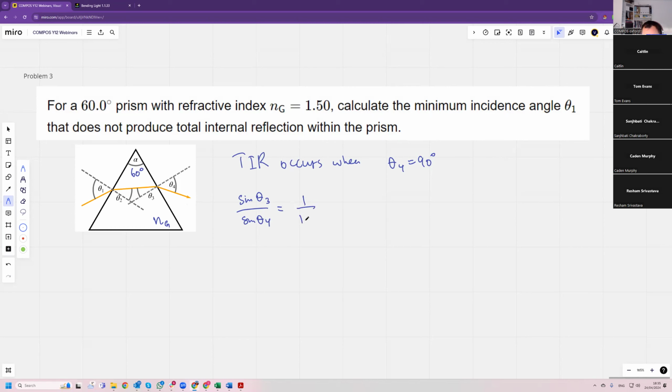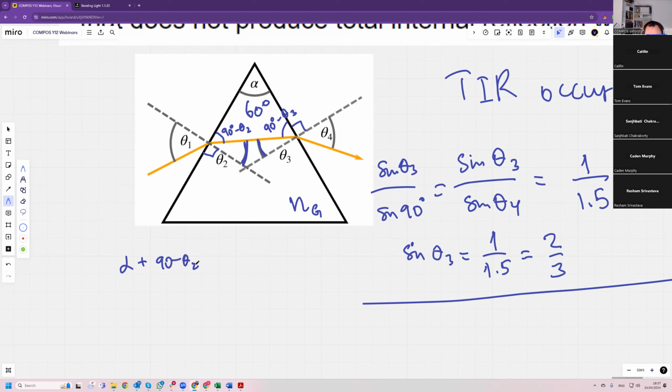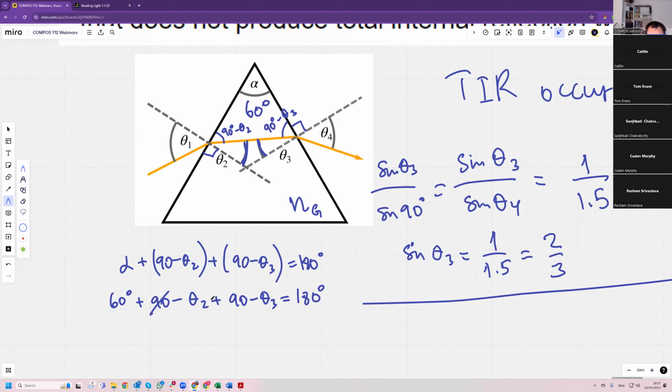And using the triangle, we can say that alpha plus 90 minus theta 2 plus 90 minus theta 3 has to be 180 degrees. And alpha is 60 degrees. So 60 degrees plus 90 minus theta 2 plus 90 minus theta 3 equals 180. And look, 90, 90, 180 cancel. And we have theta 2 plus theta 3 is 60 degrees.